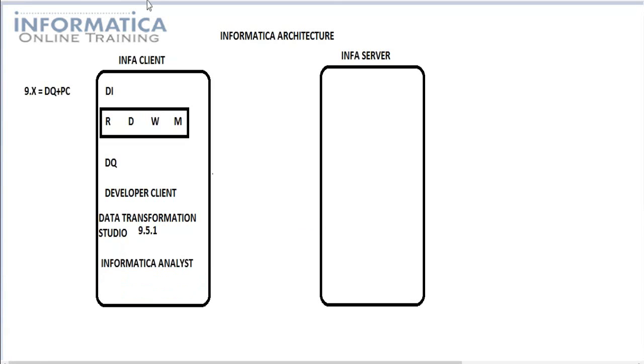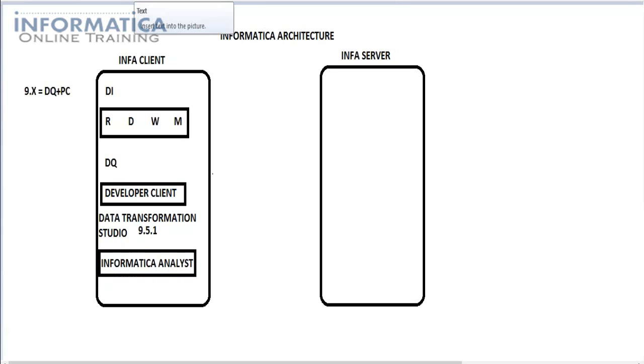Using these two clients, we can perform the data quality operation. So these are all the different client tools that you can configure within the Informatica clients. And you have the server here.